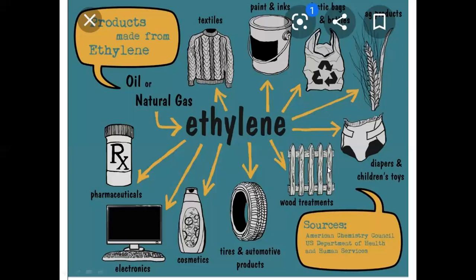We can use it as an artificial ripener of food, so we can also use it in agriculture. And also for the treatment of wood, we are using ethylene. So all these are the important uses of products made up of ethylene or ethene, which is an example of alkene.